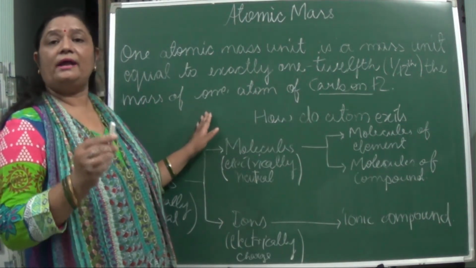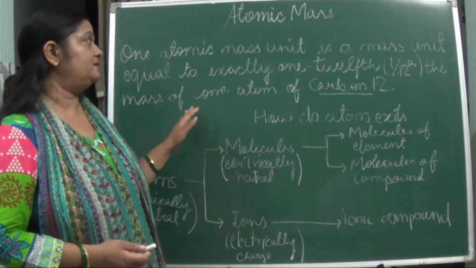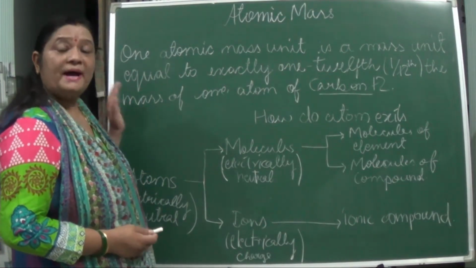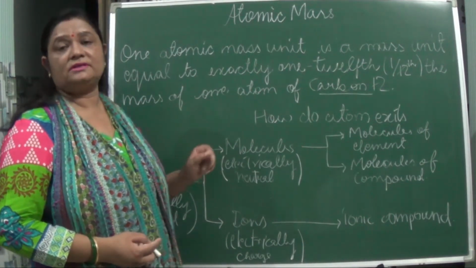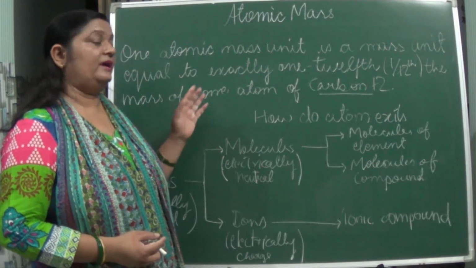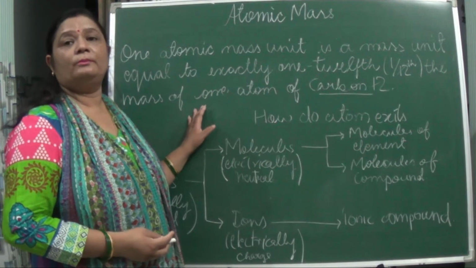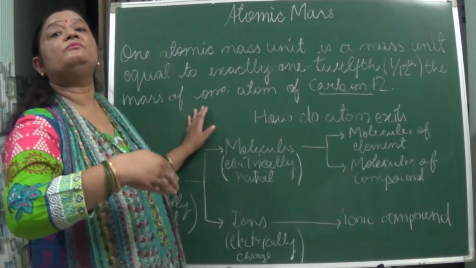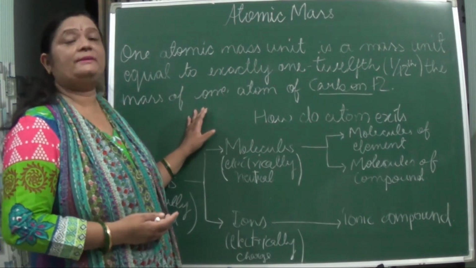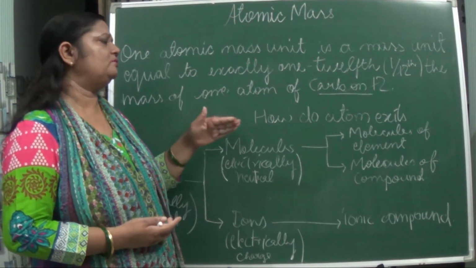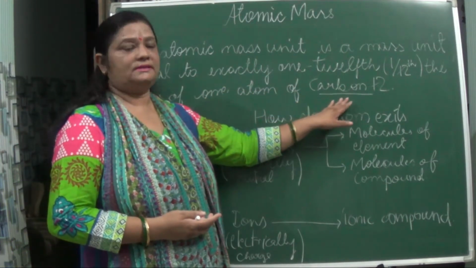Initially, hydrogen and then oxygen were taken into consideration for calculating this, but they were later discarded because hydrogen is the smallest element, and the value we were getting was in a fraction form, a bit more than 1, and oxygen also had the same problem. So these two were discarded because they were giving errors. So carbon 12 was taken into consideration.